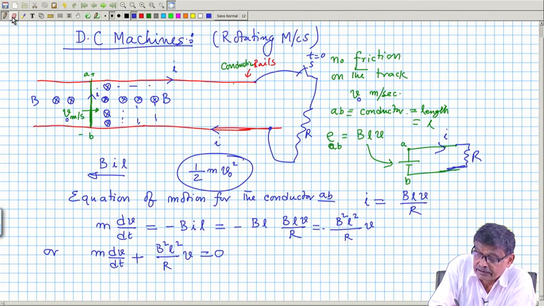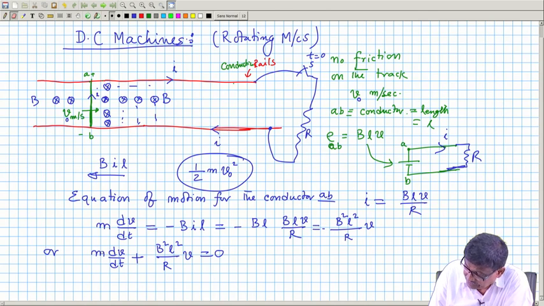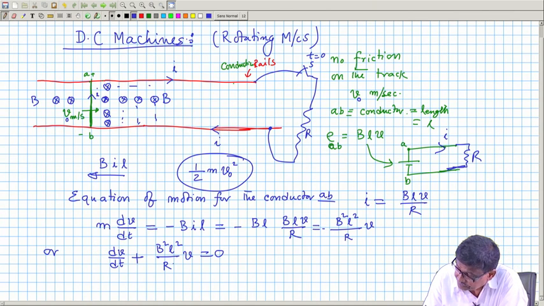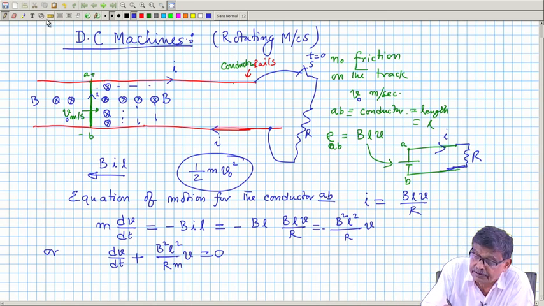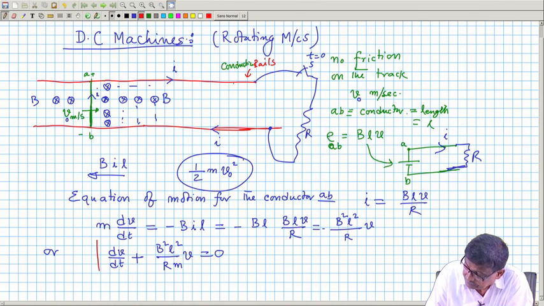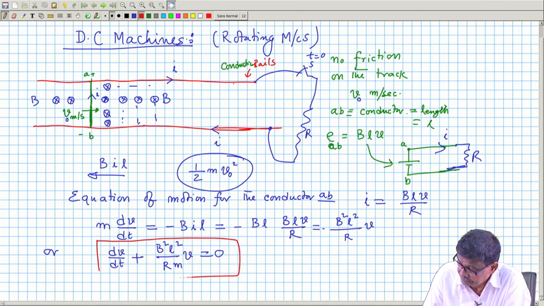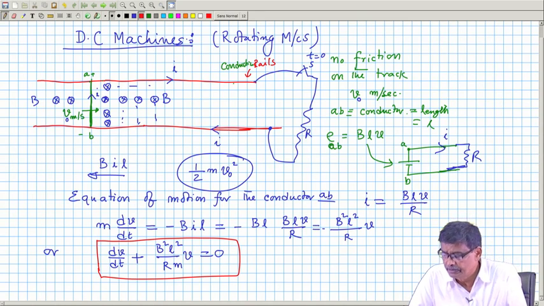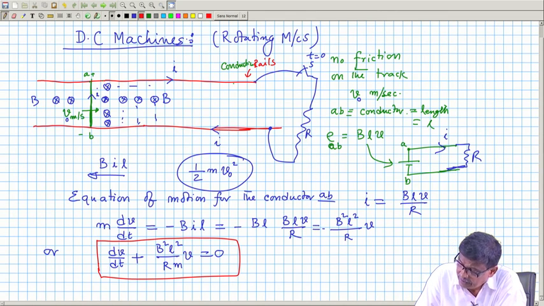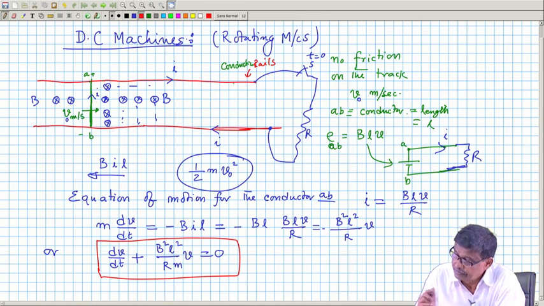So this m will come simply here. This is the equation, which is a first order constant coefficient differential equation, and I want to know what is velocity.